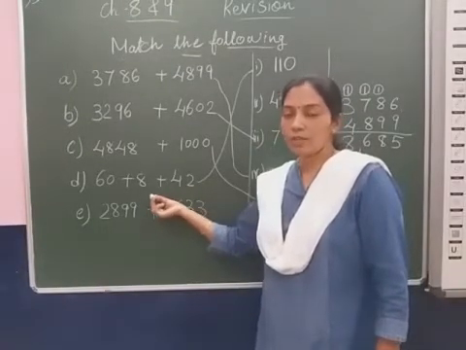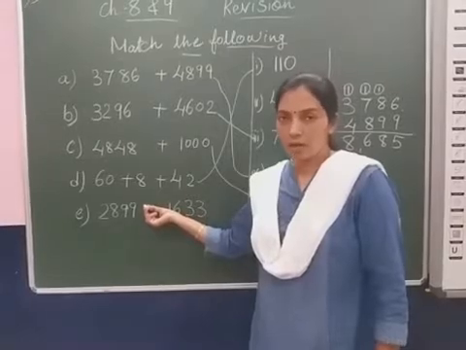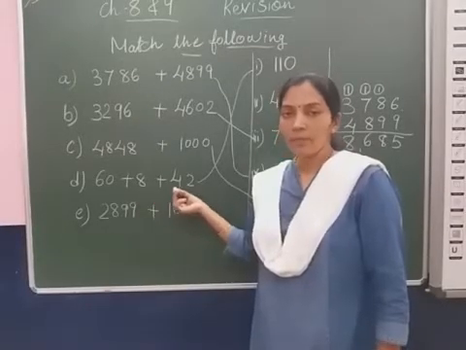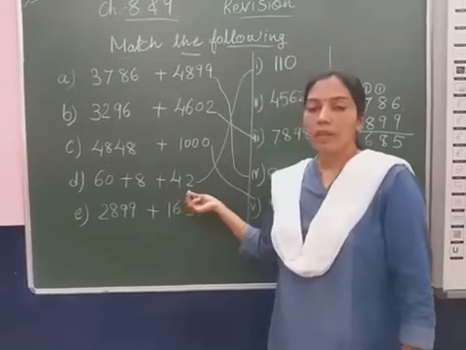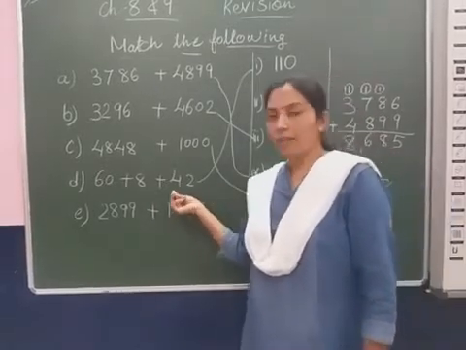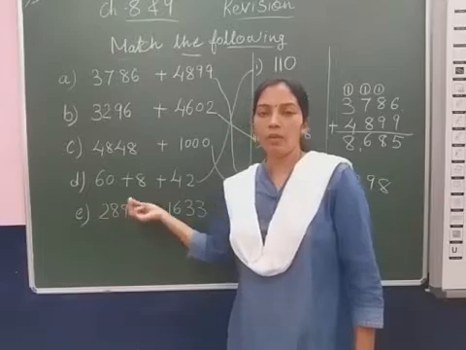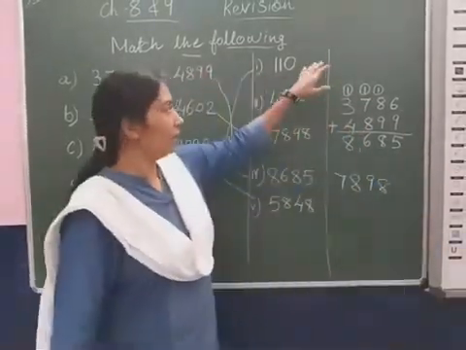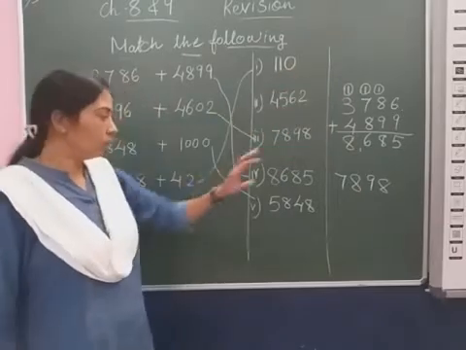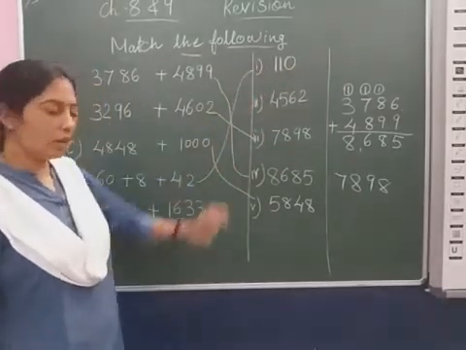We first add the smaller number, 42 plus 8, that is 50. Then 50 plus 60 is equal to 110. So we find 110 here and match it.